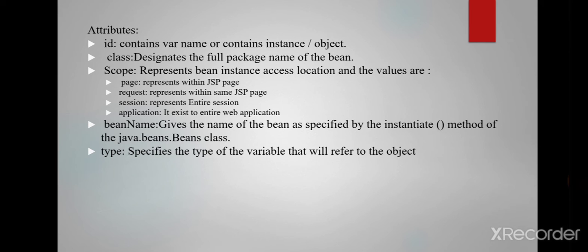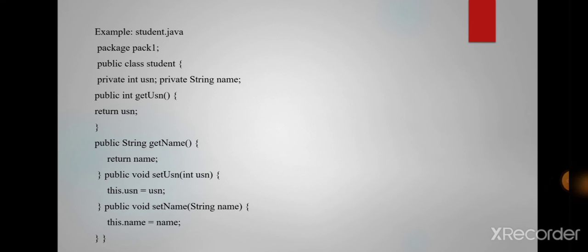Next one, bean name, it gives the name of the bean as specified by the instantiate method of a java.beans class. Next, type, it specifies the type of the variable that will refer to the object.